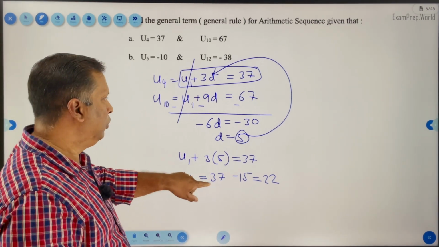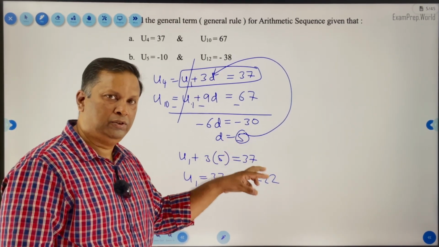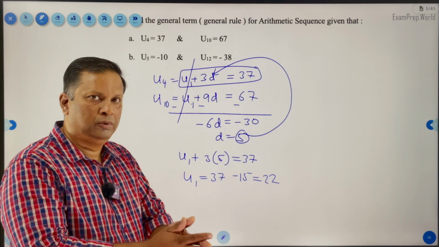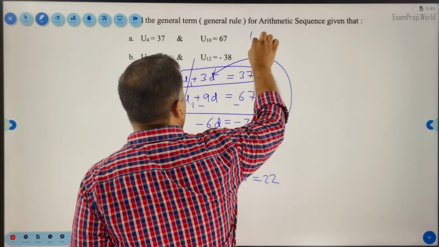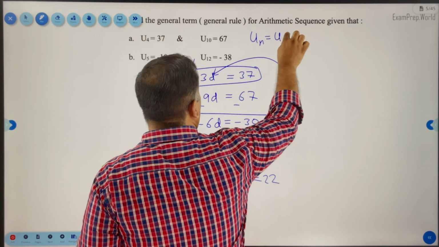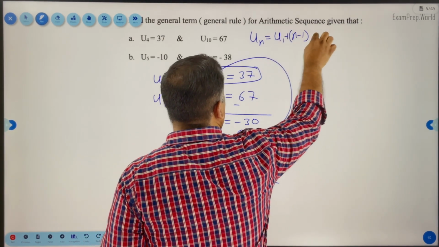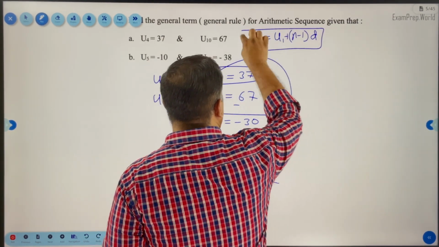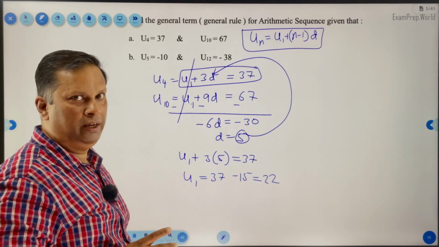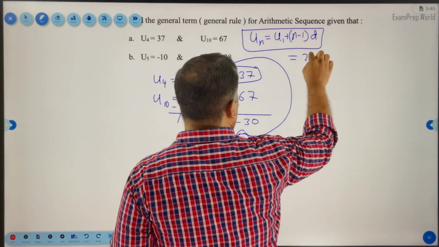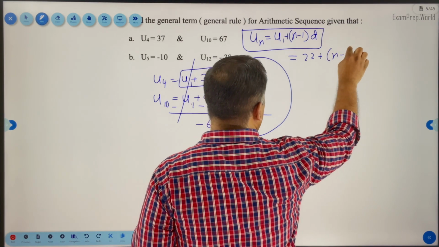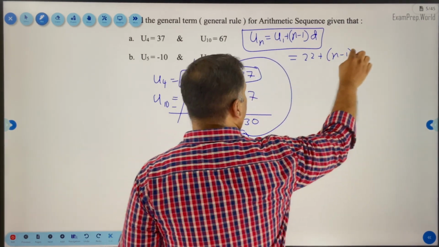Now you have u1, you have d. Once you have these two, your sequence is in your control, right? Now they are asking for the general rule. un is u1 plus n minus 1 times d. This formula you should never ever forget. You have the u1 and d values, input here. So it will become 22 plus n minus 1, and the d value is 5.